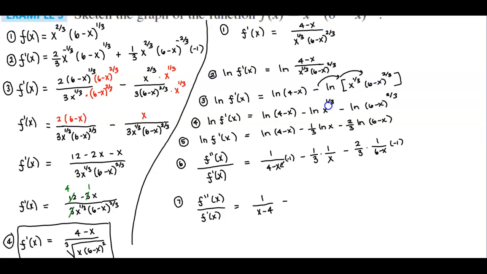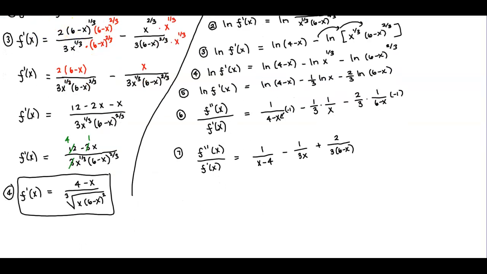Over here we get minus 1 over 3x. And over here we get a negative times a negative, which is going to make this positive: 2 over 3 times (6 minus x).